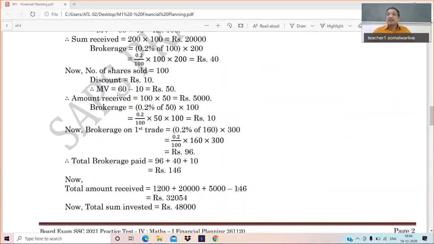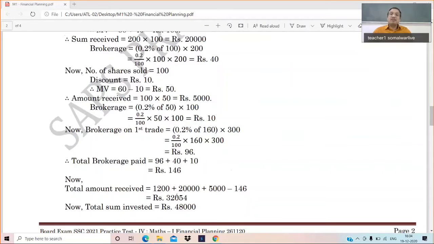And remember, dividend is brokerage free. Brokerage or tax is not calculated on dividend because dividend is always paid by the company directly to the shareholder. Okay. So if you calculate this, it gives 32,054. So total amount he invested was rupees 48,000.